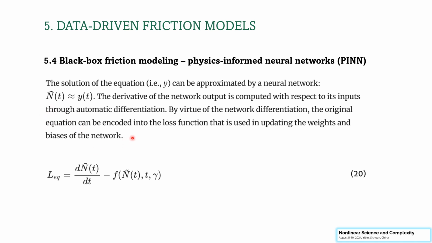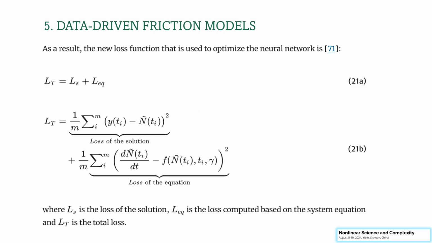The derivative of the network output is computed with respect to its inputs through automatic differentiation. As a result, the new loss function that is used to optimize the neural network is composed of two parts. LS is the loss of the solution, and LEQ is the loss computed based on the system equation.